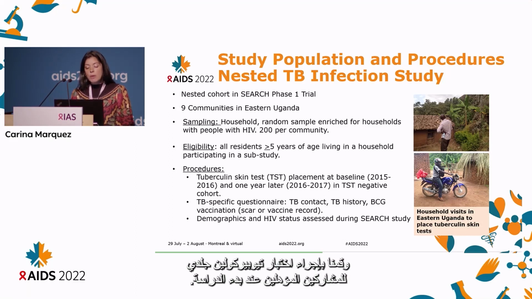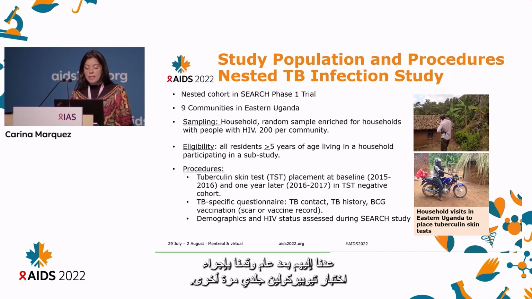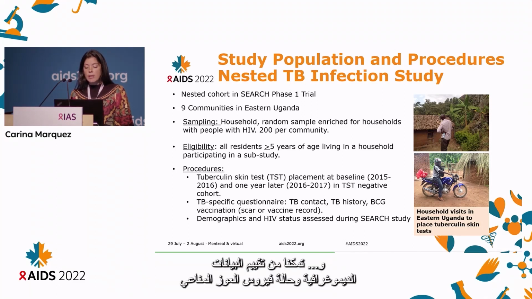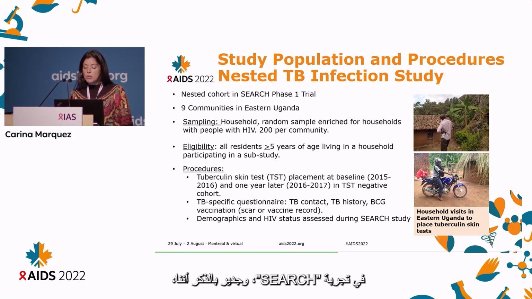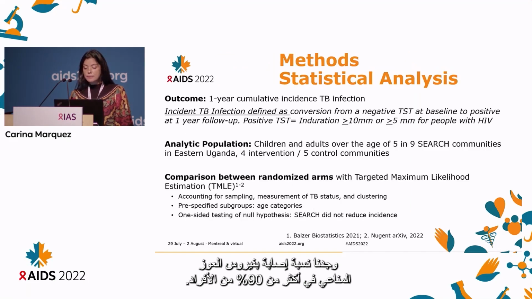And we placed a tuberculin skin test in eligible participants at baseline, and those who had a negative TST, we went back in a year and placed another tuberculin skin test. We also had a TB-specific questionnaire, and we were able to assess demographics and HIV status from the SEARCH study, and of note had HIV status in over 90% of residents.